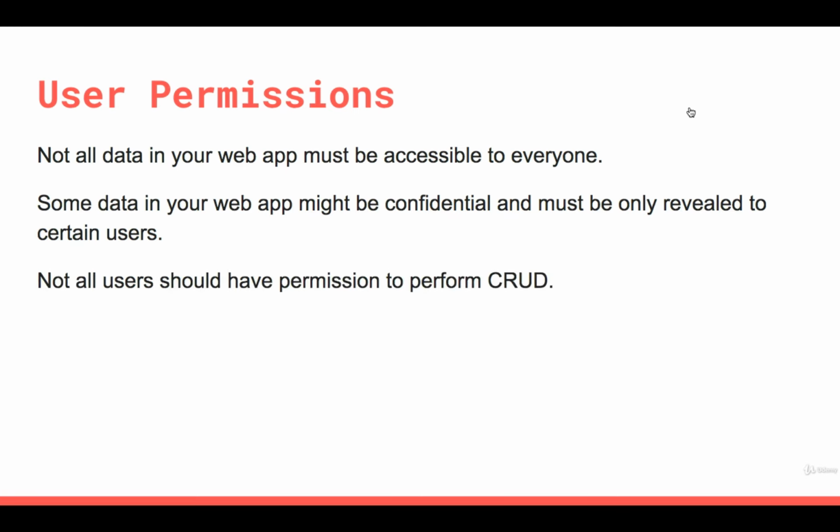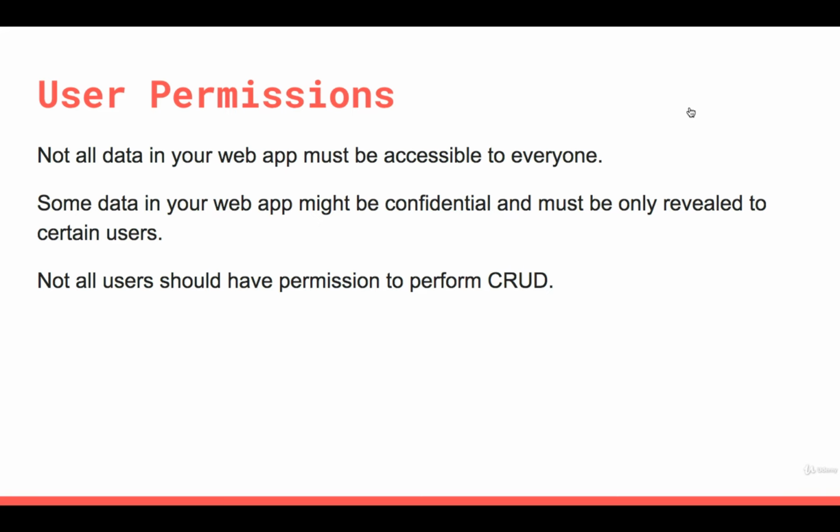And not all users should have permission to perform CRUD, which means not all users should have the permission to perform operations like create, read, update, and delete. So if you're building banking software, you should not allow the bank employee to update or delete your data.